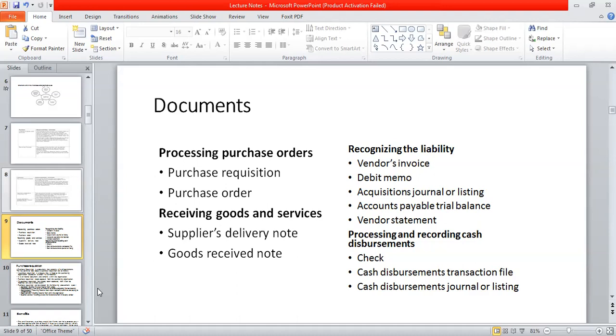This function deals with the vendor's invoice, the debit memo or debit note, the acquisition journal or acquisition listing, the accounts payable or trial balance, then the vendor statement. Then the final function, the processing and recording cash disbursement function, will deal with documents such as a check, the cash disbursement transaction file, and cash disbursement journal or cash disbursement listing.